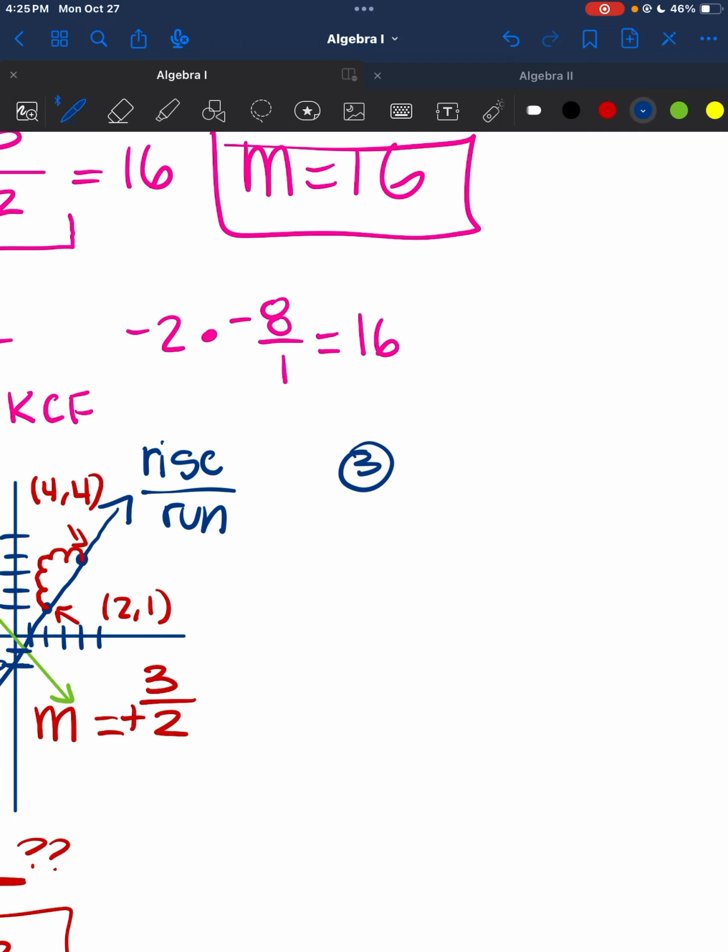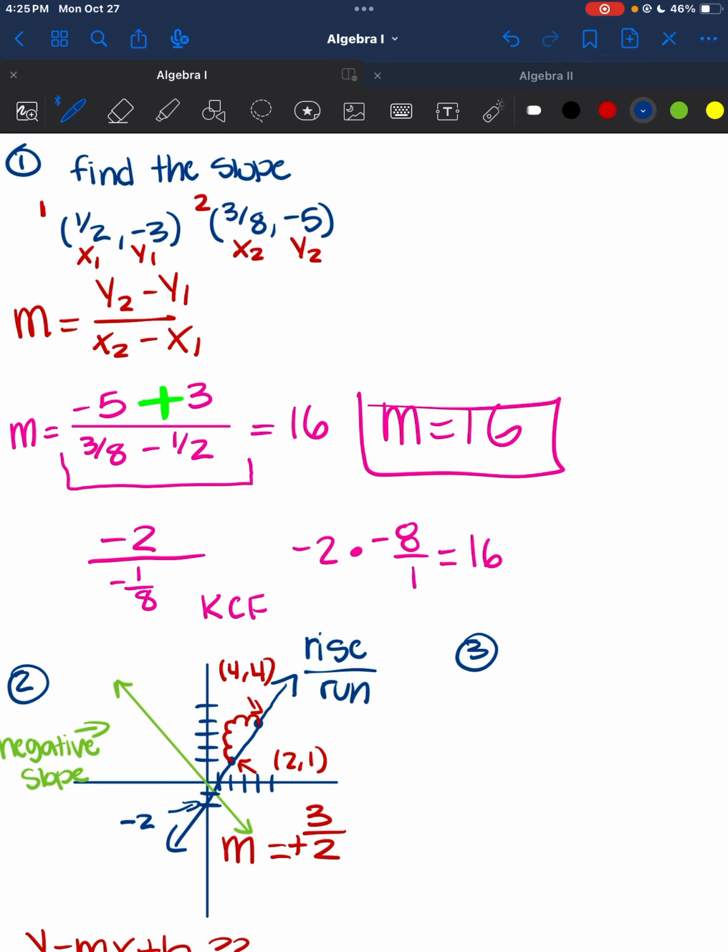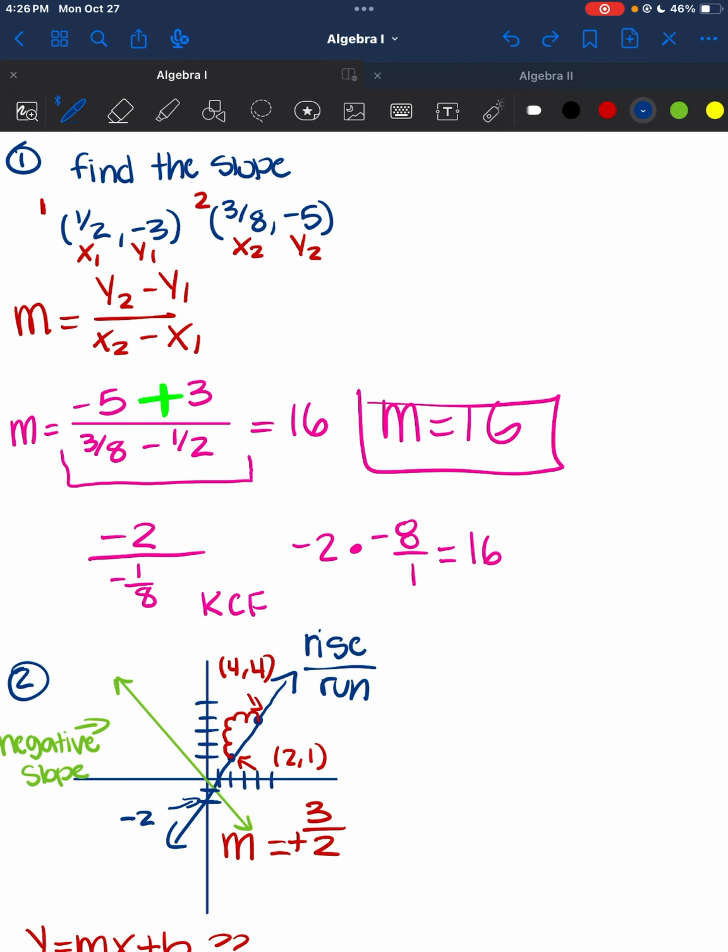If I were to go back to number 1, say we found the slope, we know how to find slope, we're good with slope. And now I'm telling you, okay, find the equation. Well, my slope, I need this in slope-intercept form: y equals 16x plus b.